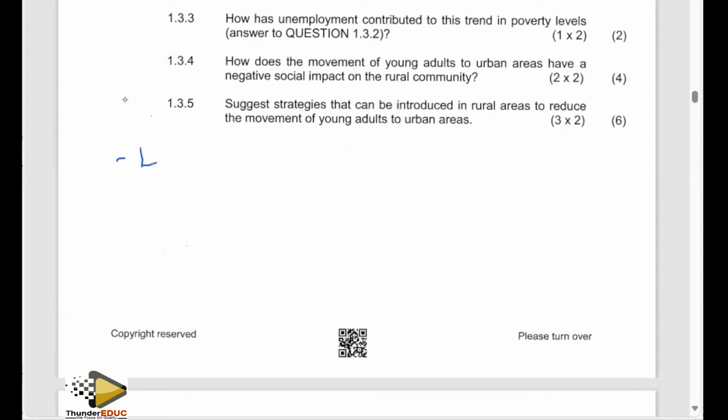We can talk of employment creation initiatives. New ways of trying to create employment in the rural areas so that they are gainfully employed and also they do not have a motive of moving to cities and towns.